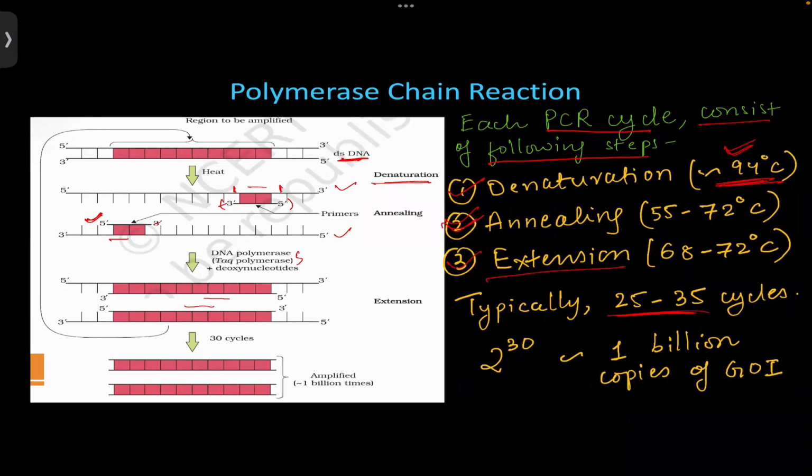If suppose you have given 30 cycles of PCR, then you can assume that at the end of the PCR amplification, you will get around 1 billion copies of your template DNA. That is quite a lot, and that is enough for subsequent steps. I think that will be enough. If you want more, then you can set for even more number of cycles.